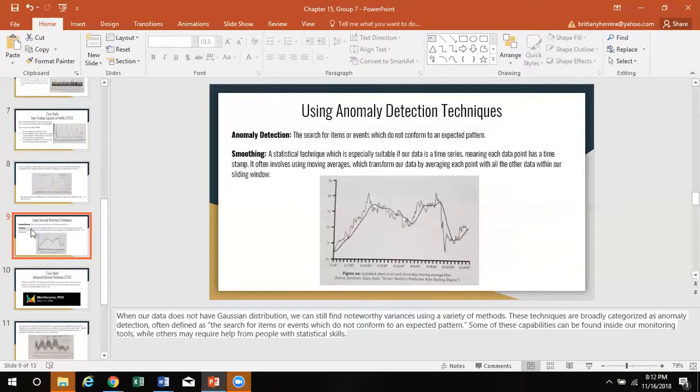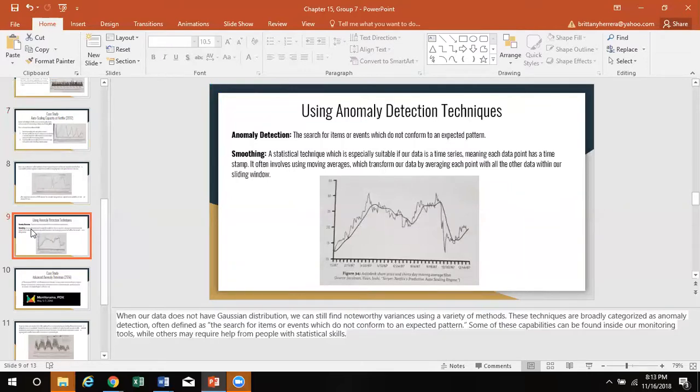It often involves using moving averages, which transform our data by averaging each point with all the other data within our sliding window. When our data does not have a Gaussian distribution, we can still find noteworthy variances using a variety of methods. These techniques are broadly characterized as anomaly detection, often defined as the search for items or events which do not conform to an expected pattern.